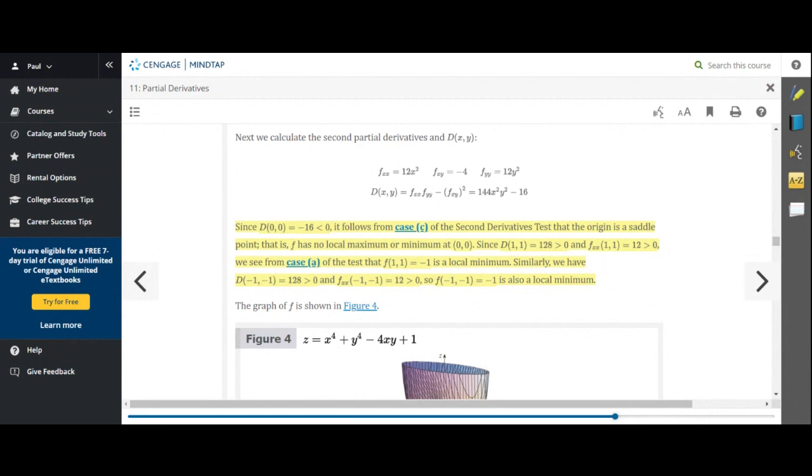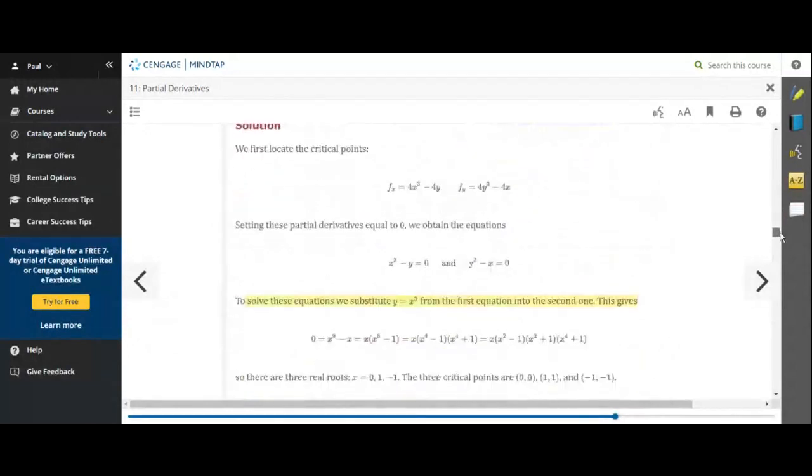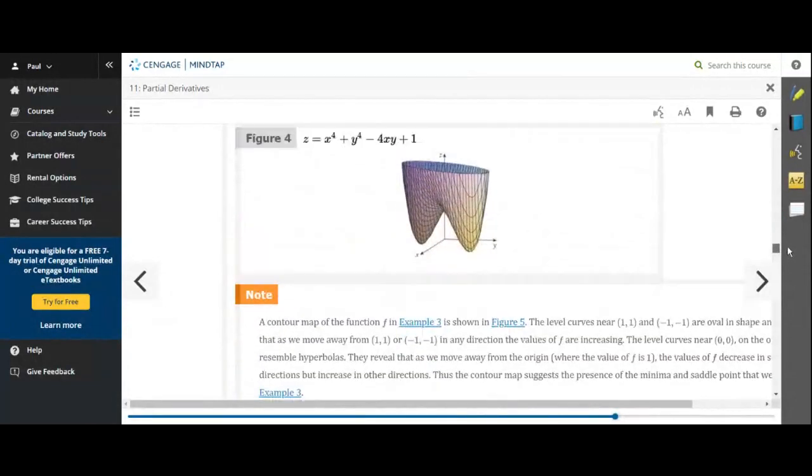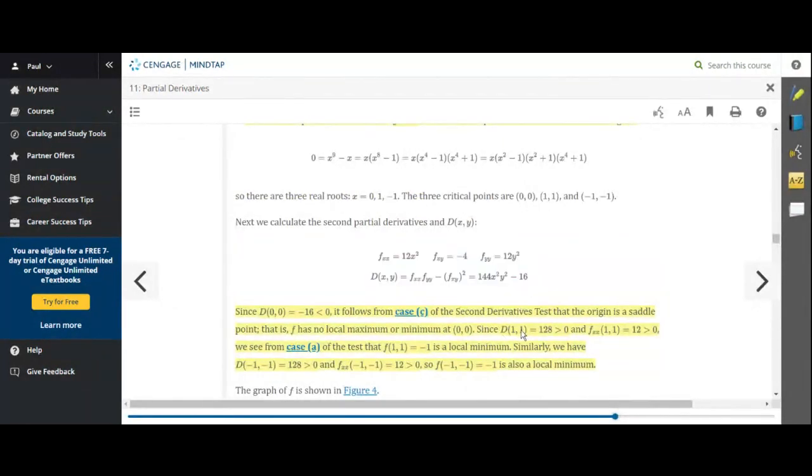Based on the rules for the test, the value of D at (1, 1) is 128, and the second partial derivative of f with respect to x at (1, 1) is 12. Since both those values are positive, that's case A, so f(1, 1) equals -1 is a local minimum.